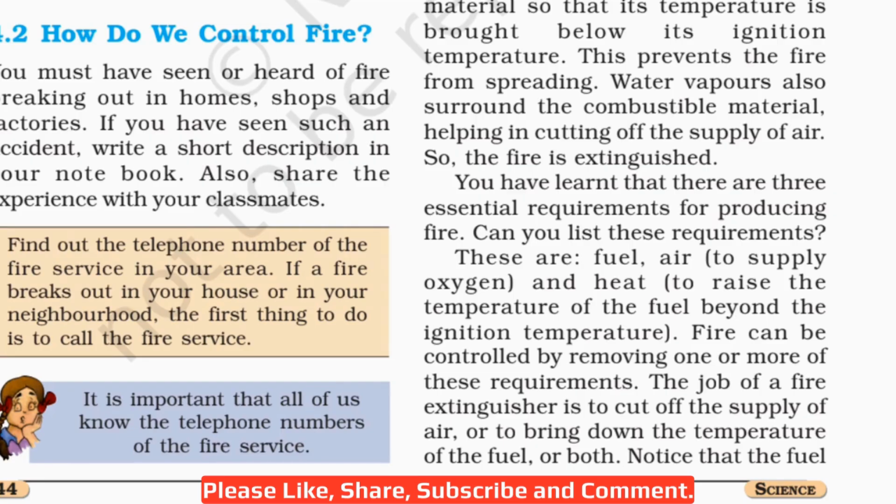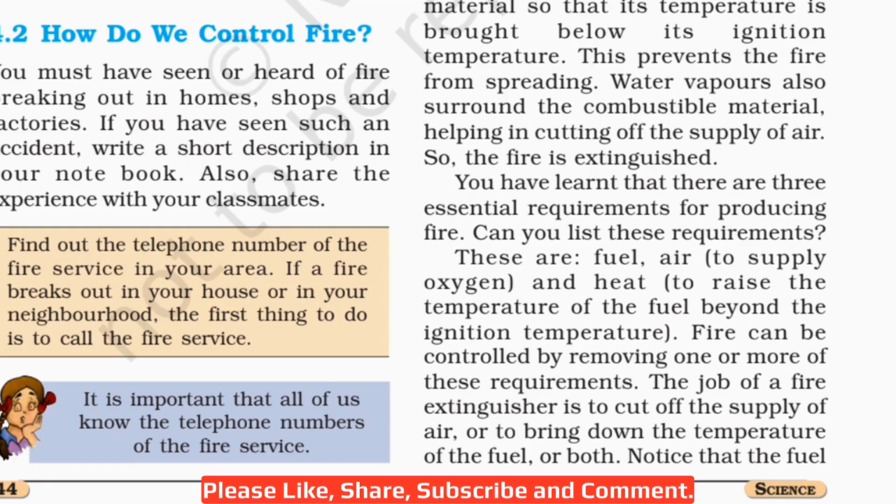So these three factors are very necessary. Now, fire can be controlled by removing one or more of these requirements. If you completely eliminate the fuel, or there is no air, no oxygen, then the fire will never occur.